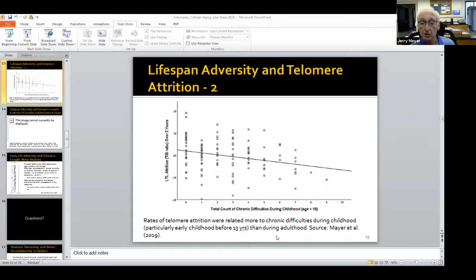So it doesn't say that there was no effect of difficulties that they were encountering in adulthood, but that there were lingering effects of early childhood difficulties that were now showing up in rate of telomere loss, loss of length in these adult women. So we're going to come back to this idea of early adversity, and we're going to see more and more of that as we go forward.